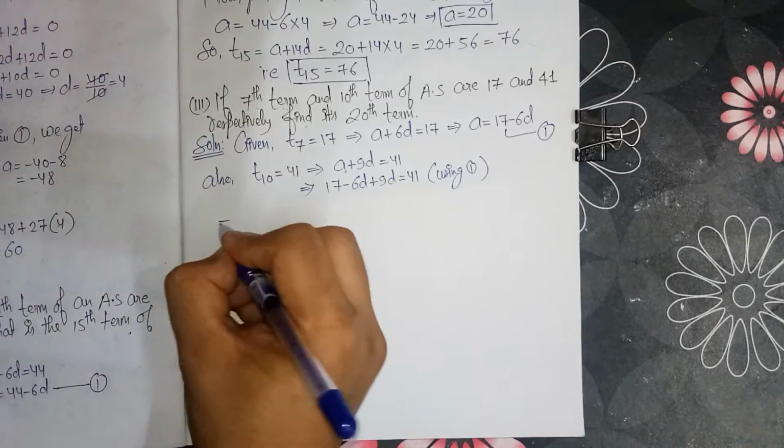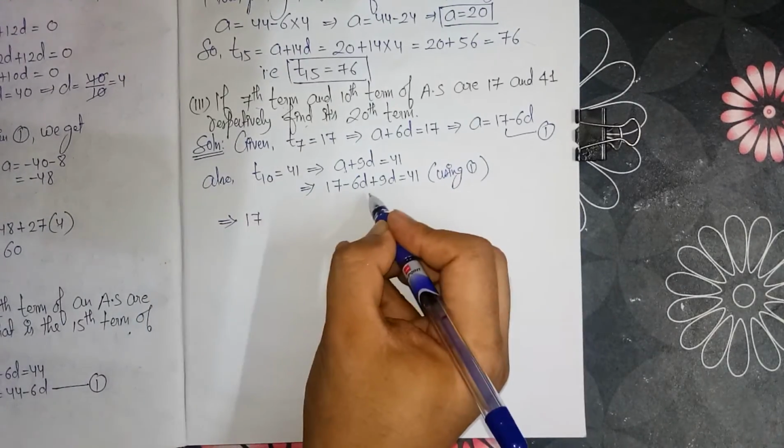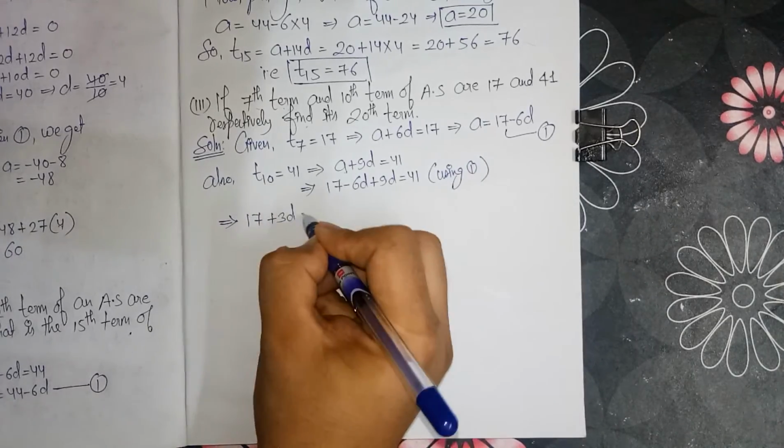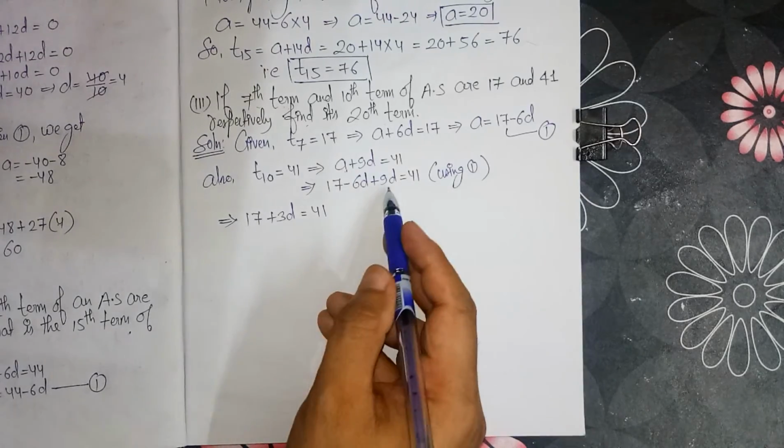Now this is simply 17 plus 3d equals 41, since minus 6d plus 9d is 3d.